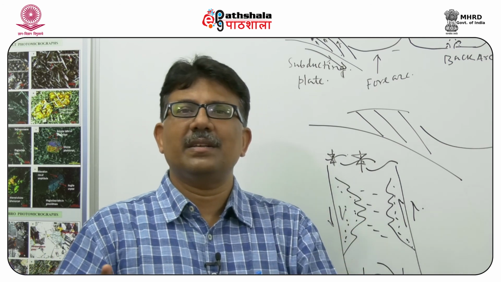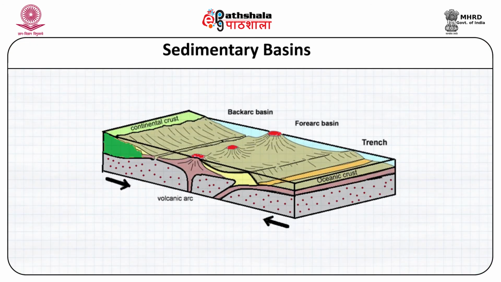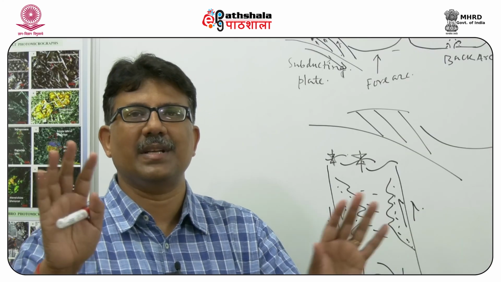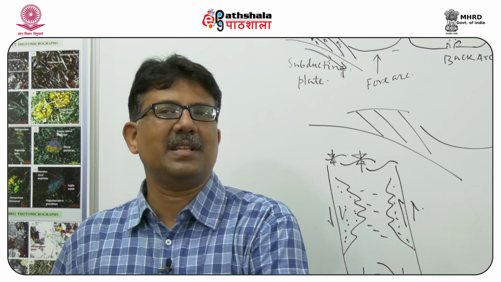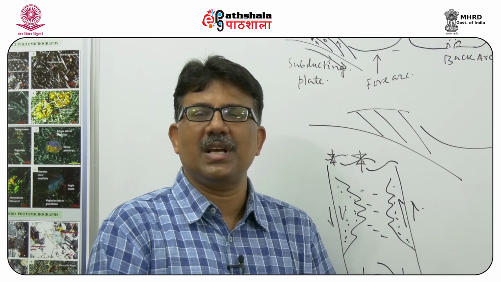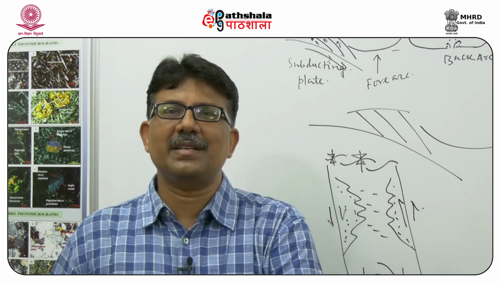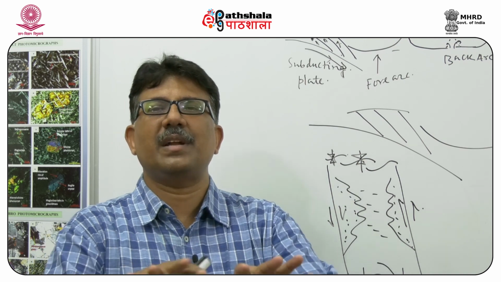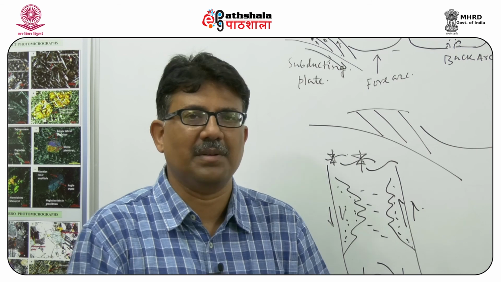We also get the arc trench situation and the different kinds of basins that are formed, that is, we have discussed the trench slope, forearc, back arc, retro arc, piggyback, all these different kinds of basins that can form in an arc trench setting. We also get the strike slip situation, and we have discussed that there is transtension, transpression and transrotation. So, all these are the different kinds of behavior of the basin.